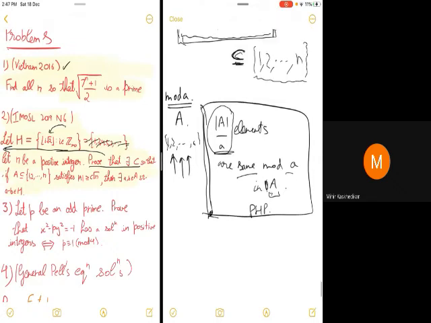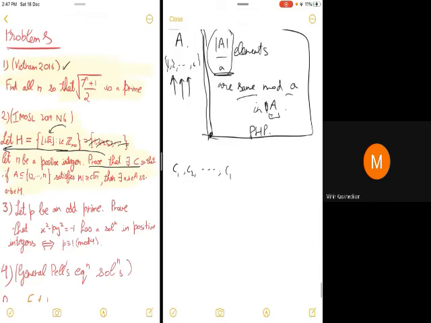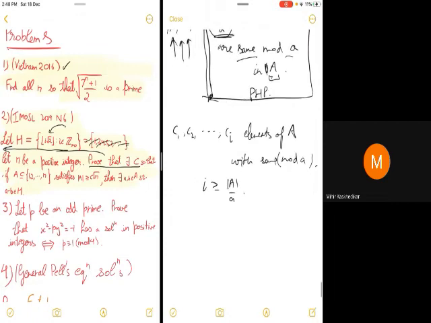Let these elements be Ci, elements of A which are the same modulo A, and I is greater than or equal to this bound. And let's say these are in increasing order.